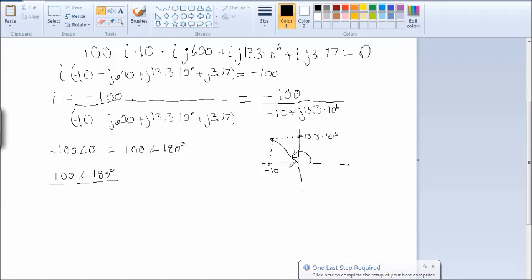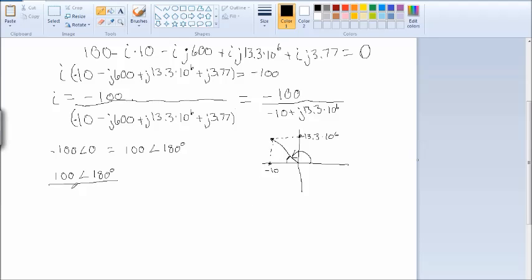So for this angle, we can use a little trigonometry. What I would do is I'd find this first angle, this inside angle first. Actually before we find the angle, it's easier to find the magnitude.